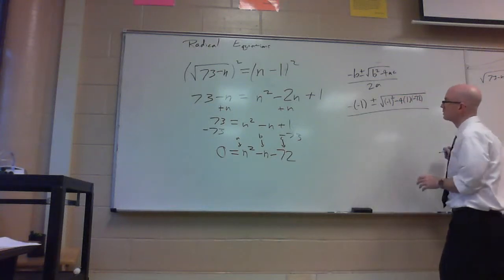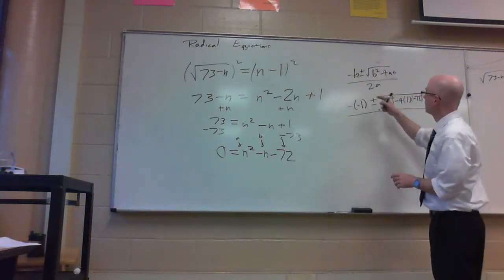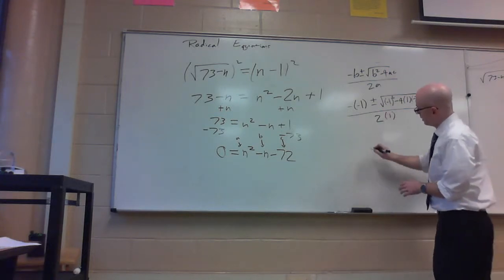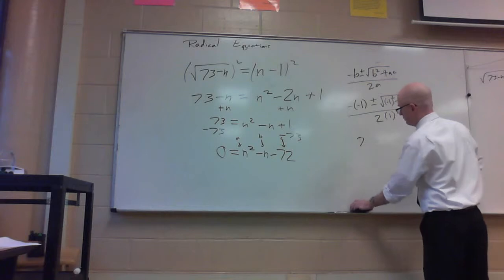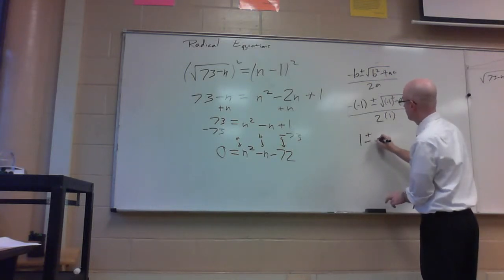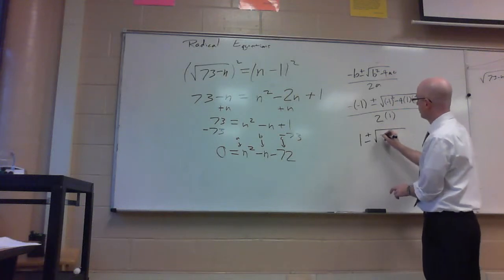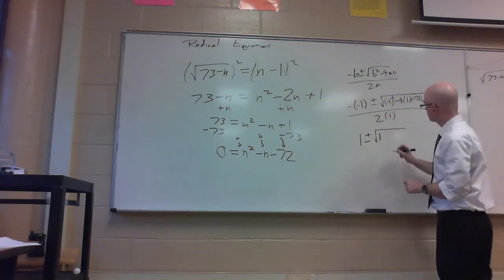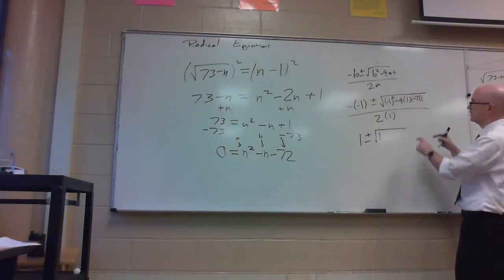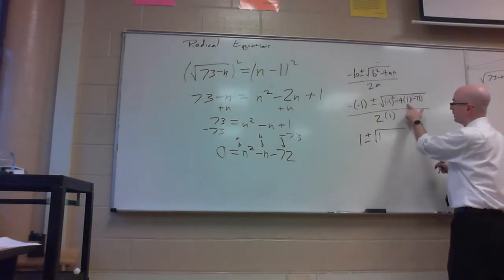All over 2 times 1. This becomes 1 plus or minus the square root of 1. I've got a negative 4 times negative 72 times 1. The 1's really not going to change anything.